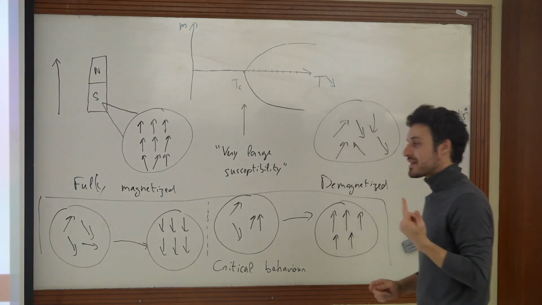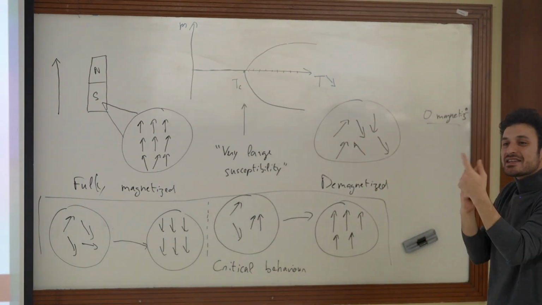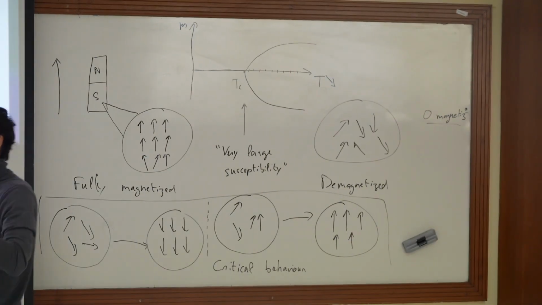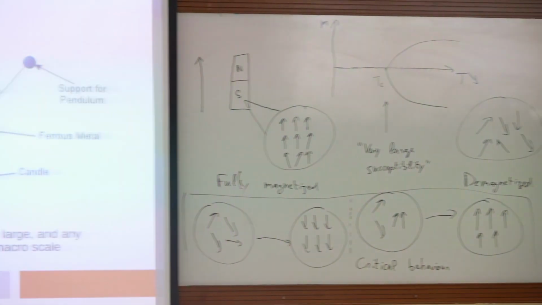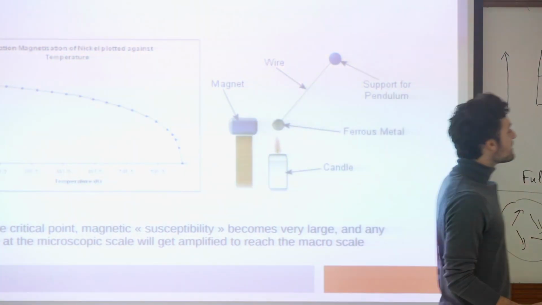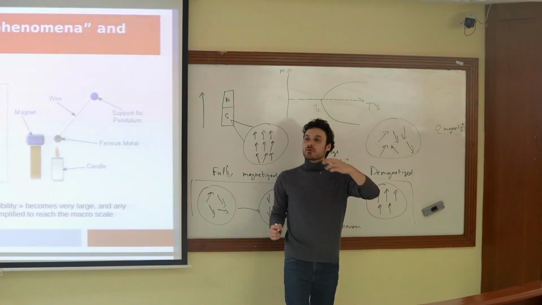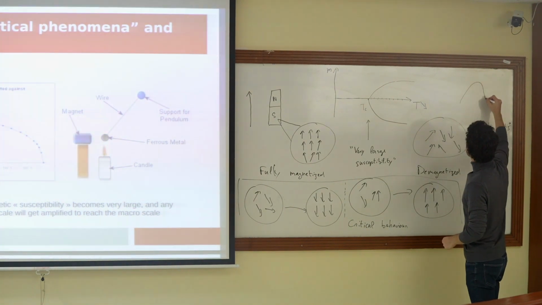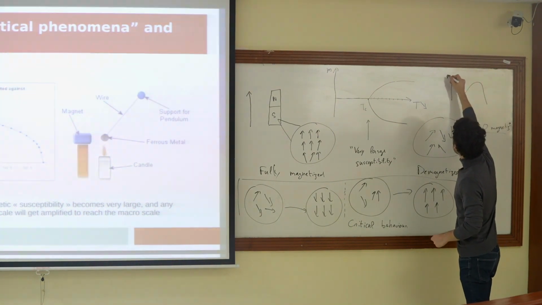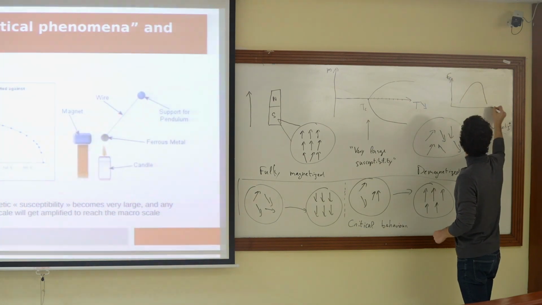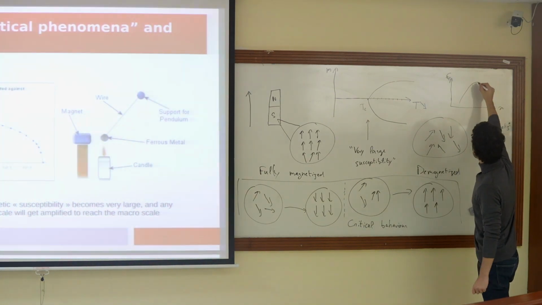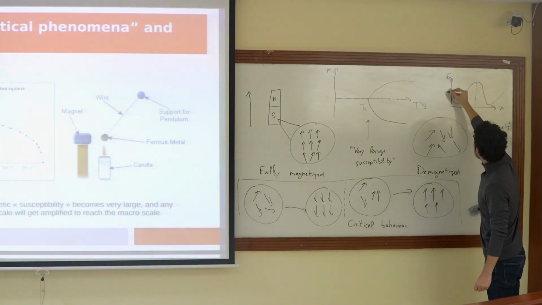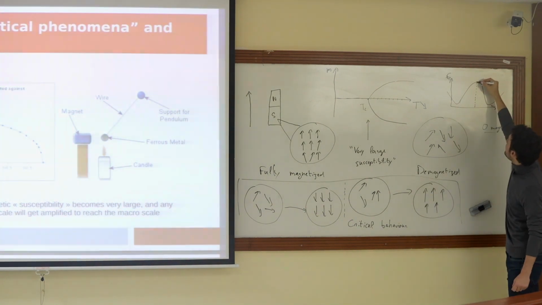Now, this should ring a bell, actually. This idea of being very sensitive to small differences, because this is the whole point of chaotic systems, right? Chaotic systems are systems that display sensitive dependence on initial conditions. And you may remember why they displayed such sensitivity. If you were looking at the evolution of the system, if this is the potential energy, for instance, as a function of position, then what was happening in nonlinear systems was that one of the fixed points became unstable.